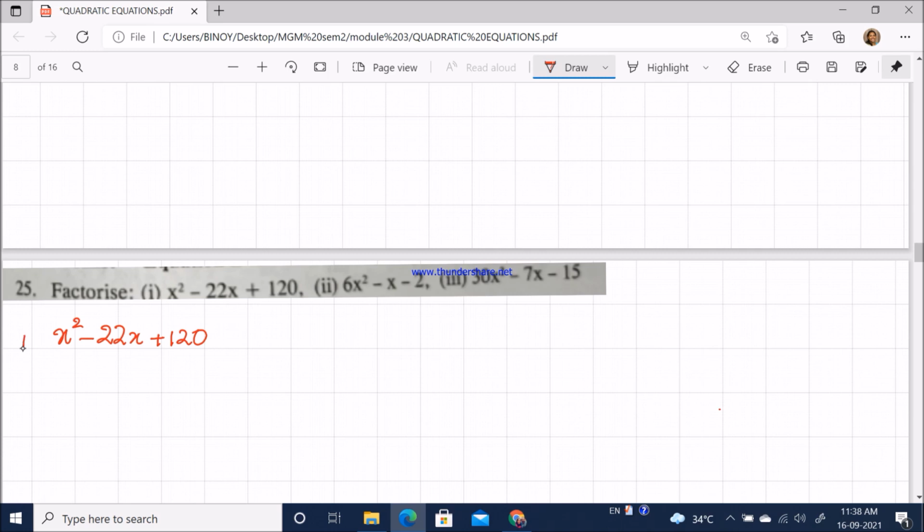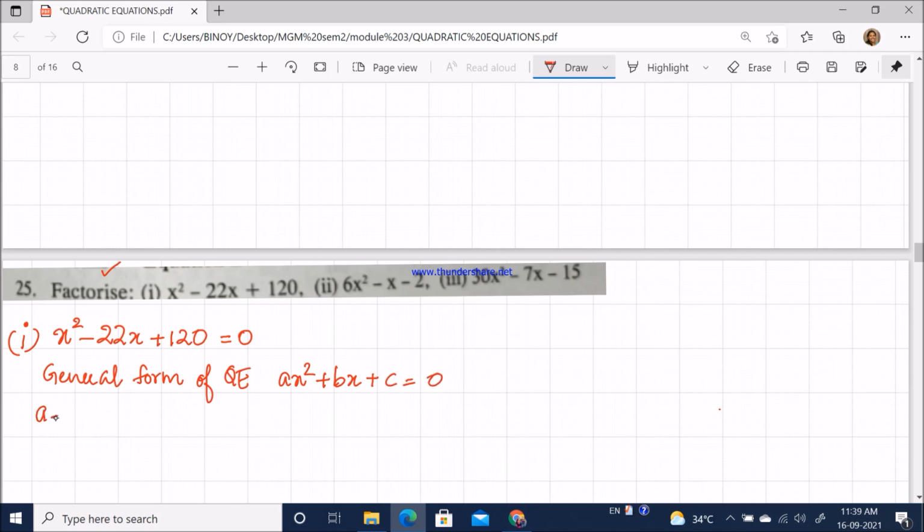Okay, so this is your first question, and since it is asked to factorize, we need to find the factors. So we are supposed to solve by using the factor method. Now the general form of a quadratic equation is ax square plus bx plus c equals 0.